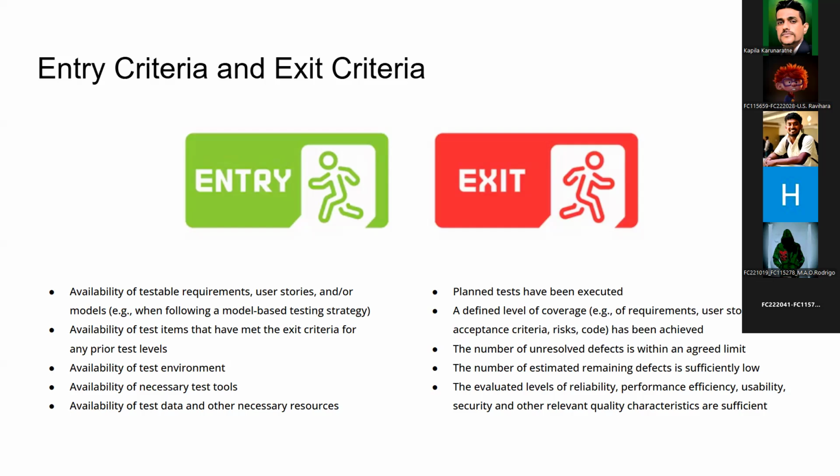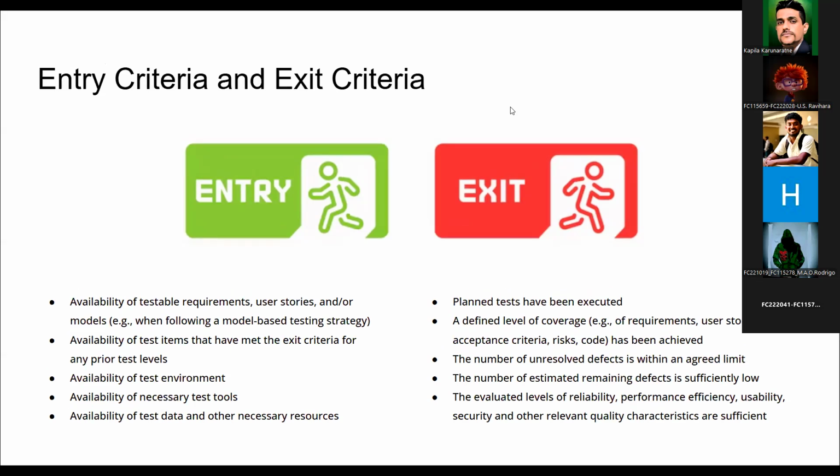So that exit criteria has to be clearly defined in your project plan. That's very essential. Exit criteria and entry criteria are the two key things that will govern your project, your quality, your testing. Because of that, this needs to be clearly defined in your test plan, quality assurance plan.